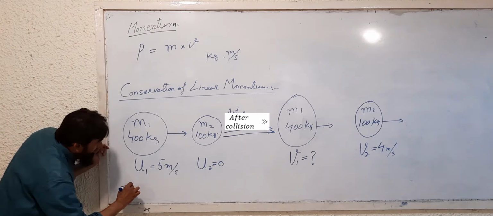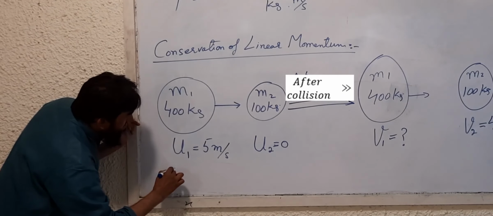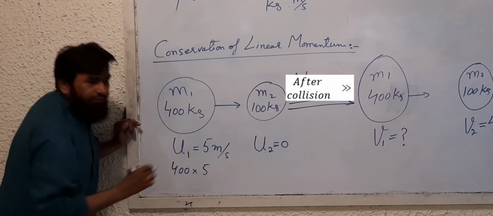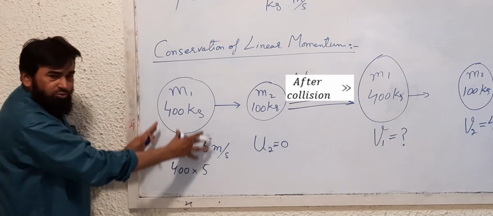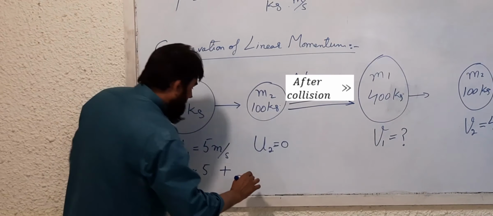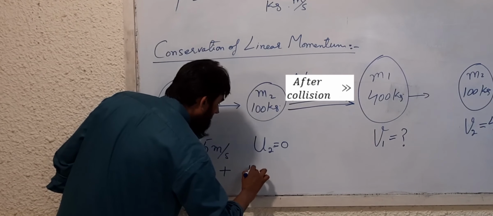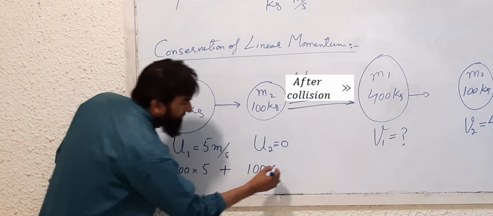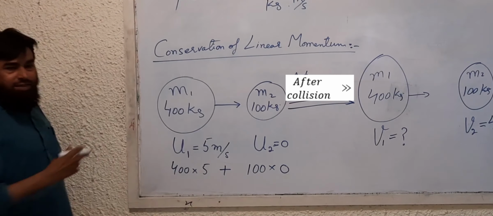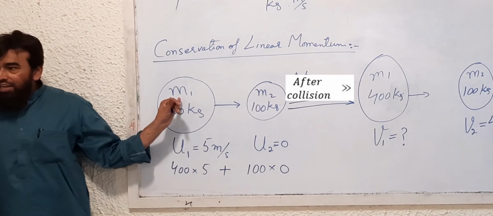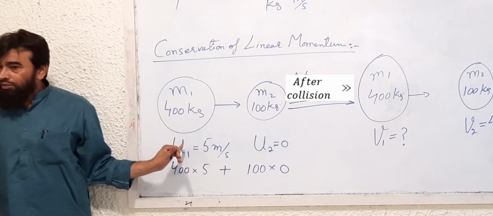So its momentum before the collision is 400 multiply 5. This is the momentum of this body plus the momentum of this body, 100 multiply what? 0.